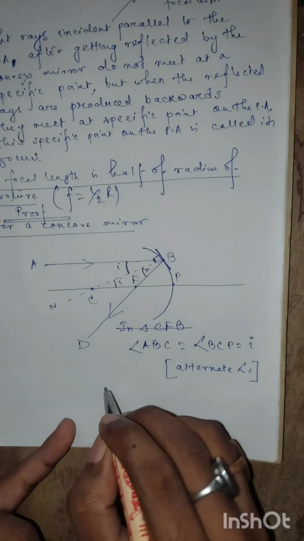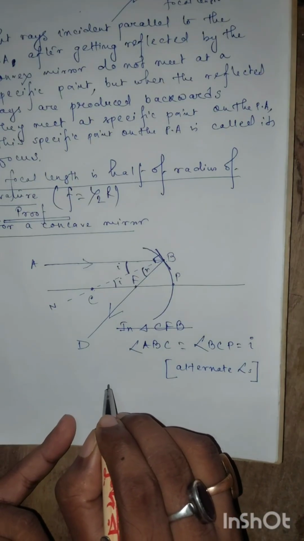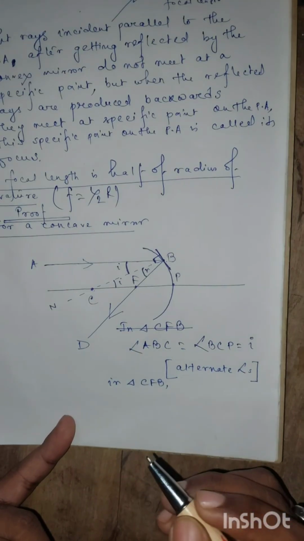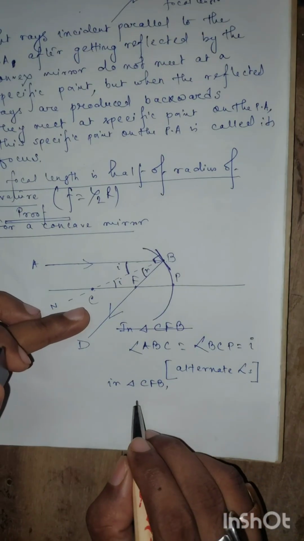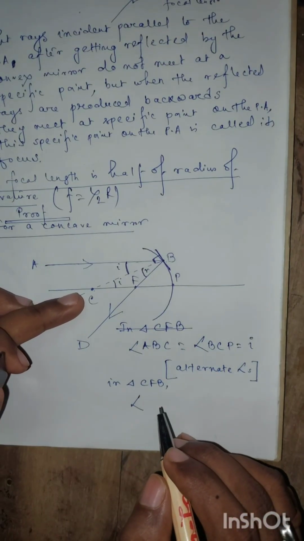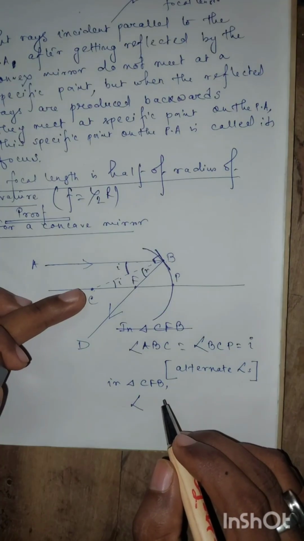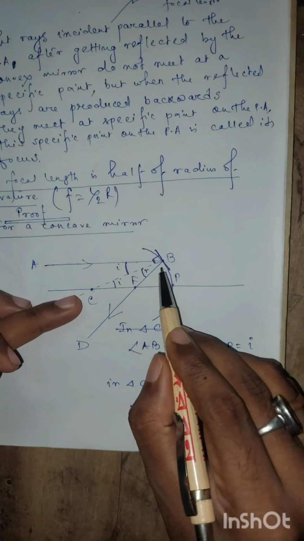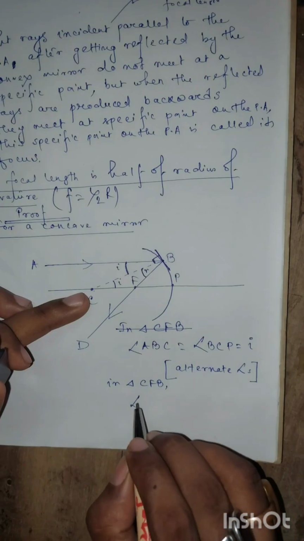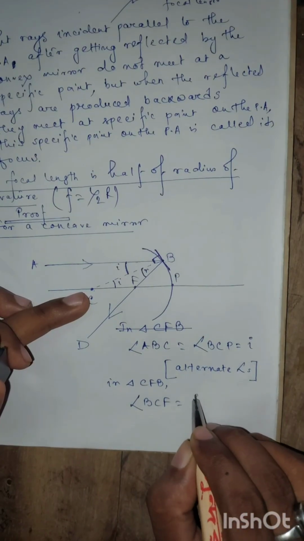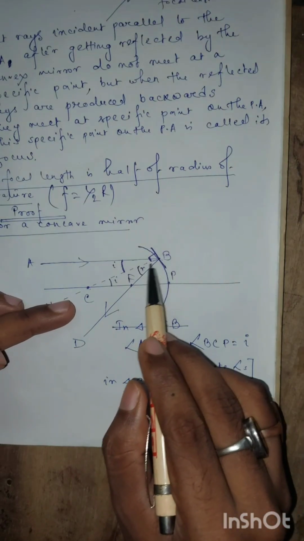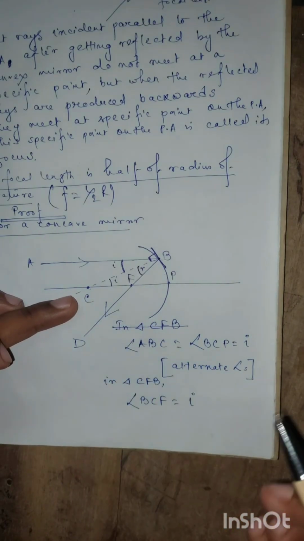Now in triangle CFB, angle BCF is equal to angle I. Angle BCP is the same as angle BCF, that is why I am writing BCF.